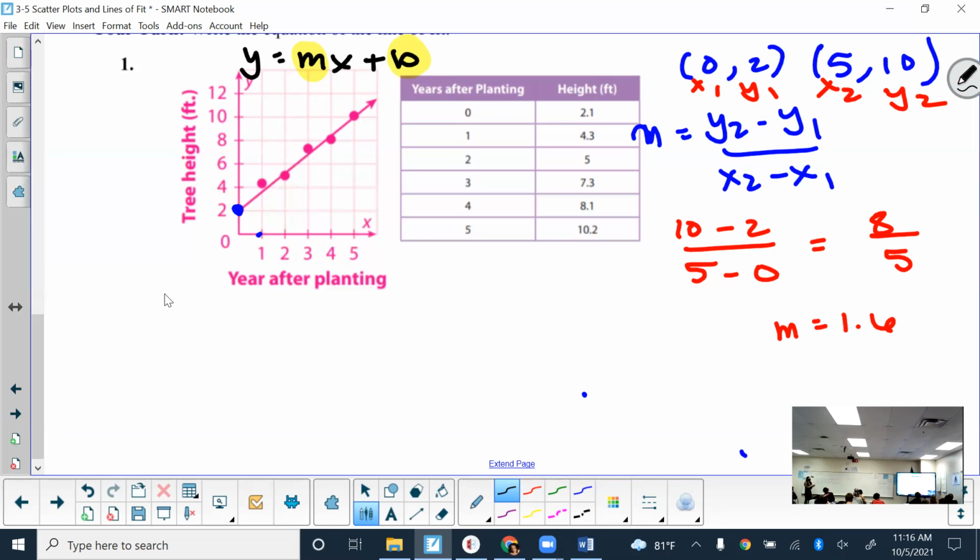To find my b value, how can I do that? Use this formula, your slope-intercept form. We know that m equals what? 1.6. We're solving for b, so that means I need to plug in x and y. Where can I get an x and a y from?